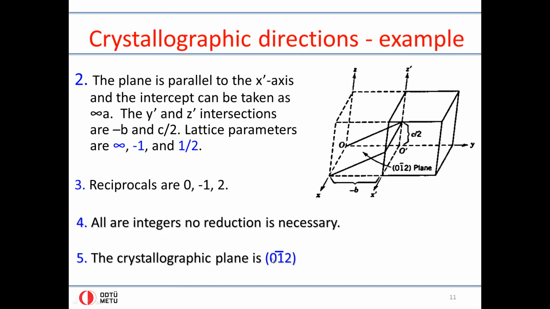in this case the x-axis, that means you are parallel to the x-axis, or in this case you are passing through more than one point along the x-axis. -1 indicates that you cut the y-axis on the negative side of the axis, and 2 indicates that you cut the z-axis at the reciprocal of this.